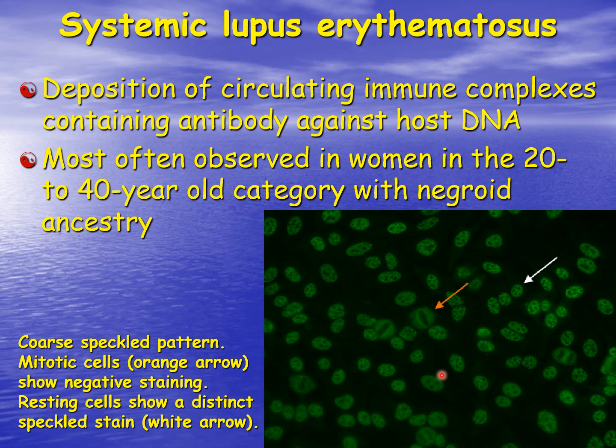Lupus is most often first diagnosed in women in the 20 to 40-year-old category with Negroid ancestry. However, we have made diagnoses earlier than 20 and older than 40, and in the other races as well.